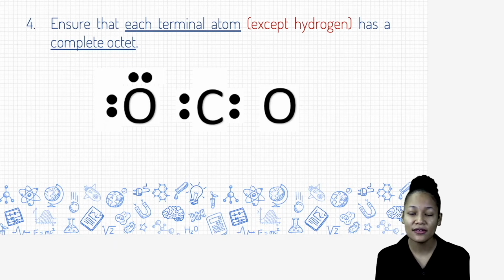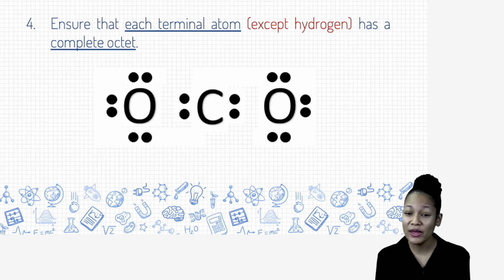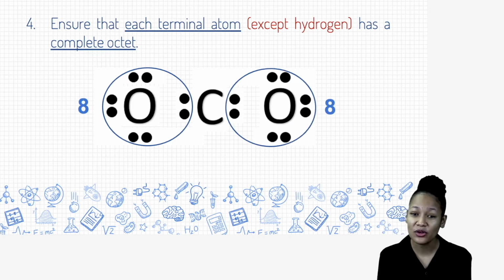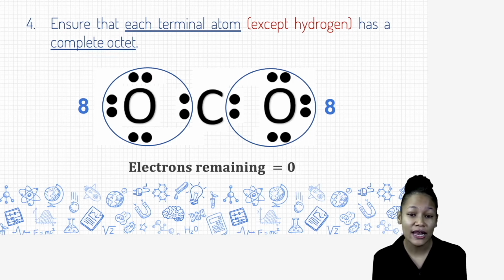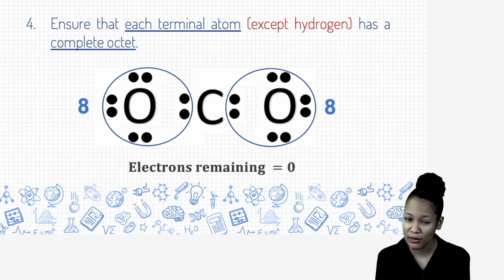So we place pairs of electrons on each of the oxygen atoms, and when we count all of these electrons surrounding each oxygen atom, we find that each oxygen atom is surrounded by 8 electrons. Each oxygen atom therefore has its octet complete. At this point, we have no electrons remaining because we've used them all.